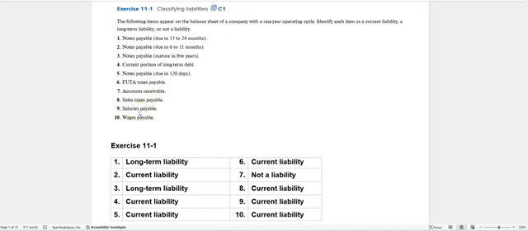Salaries payable. Employees aren't going to wait for another year to receive the amount that they have earned from working for the company, so we know it's going to be paid sometime very soon. It's current. Wages payable, exact same thing. Okay. All right, so hopefully this helps you with your classification of current versus long-term.